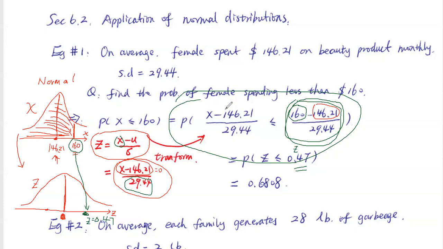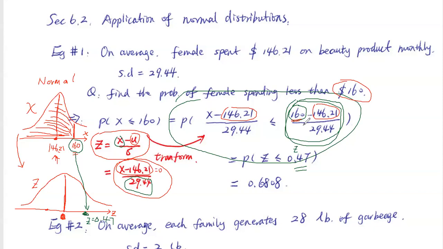In the formula, you always have this average. Remember the formula previously is X minus the average. So X can be anything. In this case, we are worried about 160. That's the question they are asking here. That's the reason we plug in 160 as X.